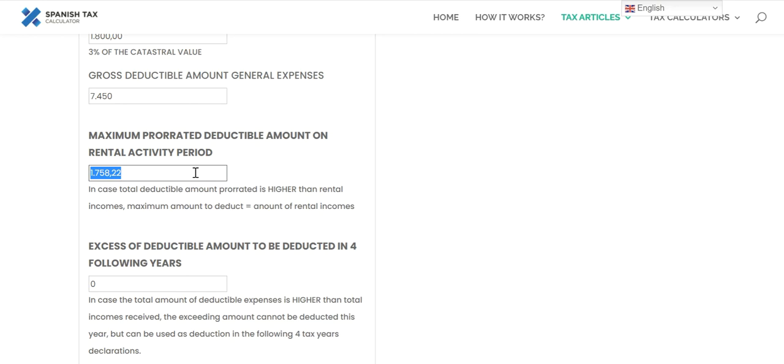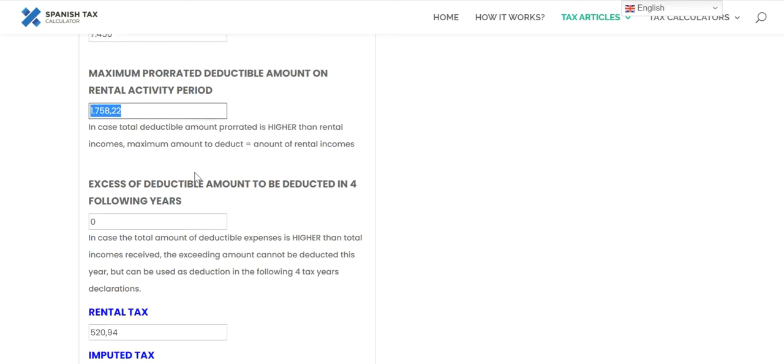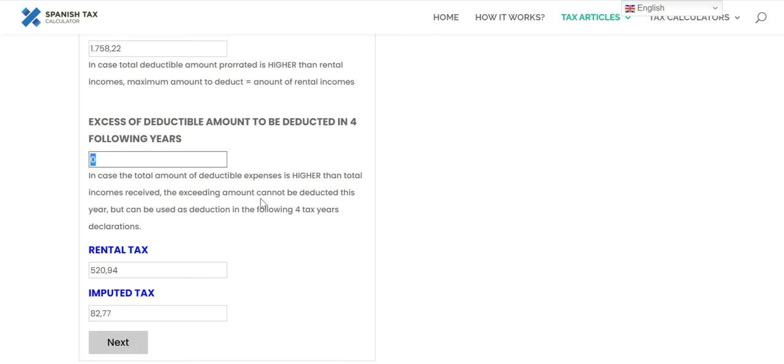The extra 500 euros that cannot be deducted this year will be deducted in the following year. So you will have a credit of reduction of expenses in the following 4 years of the Spanish income tax for non-residents. In this case, as the amount of expenses is lower than the amount obtained for rent, there is no excess deductible in the 4 following years.